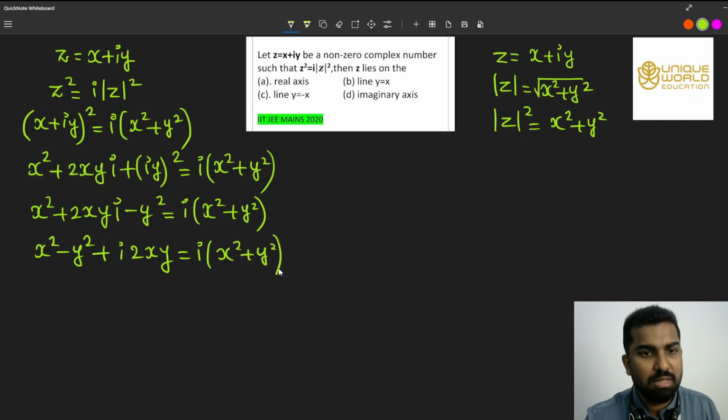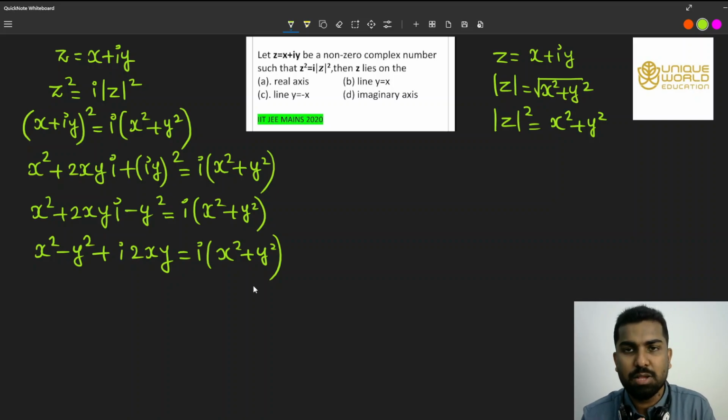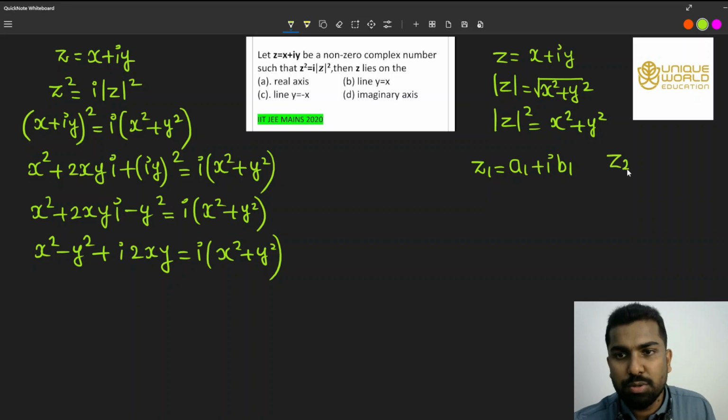Now we have to use the concept, we have to use the idea. If two complex numbers are equal: z1 is a complex number, z2 is another complex number. Let me write z1 equal to a1 plus ib1, and z2 equal to a2 plus ib2.